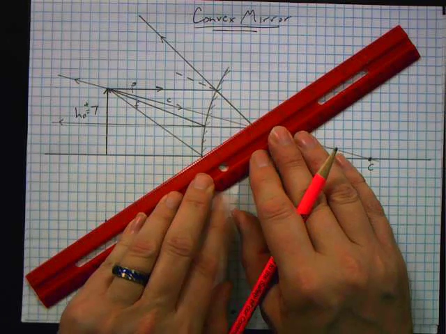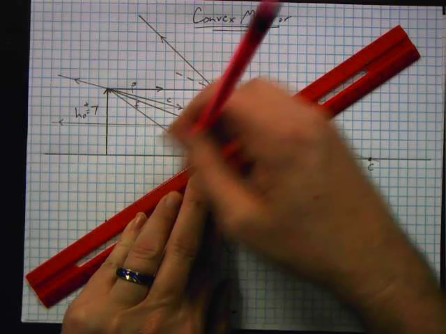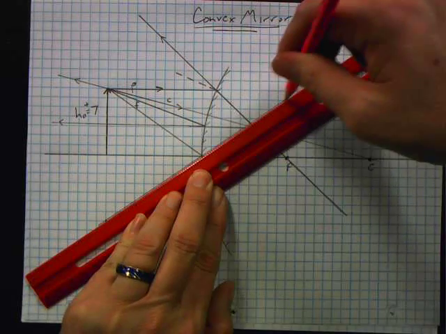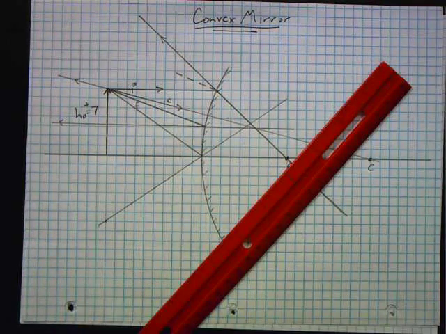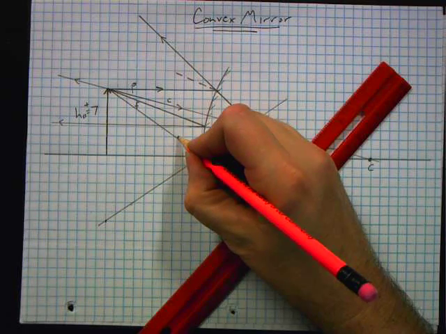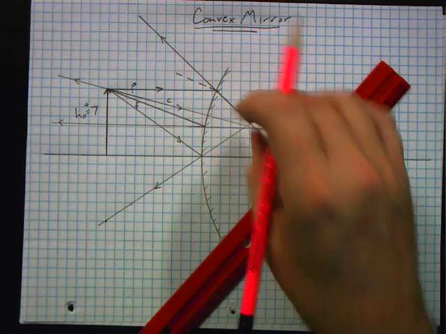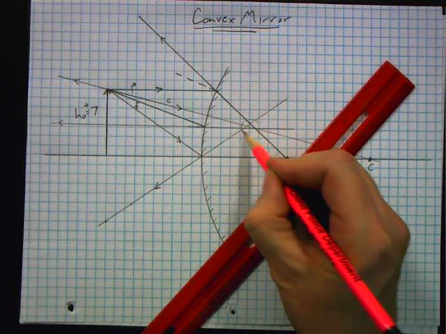Now I've just made a tactical error. And the tactical error is that this last ray did not agree with everybody else. Now, coming away from there, looking like it's coming from here.